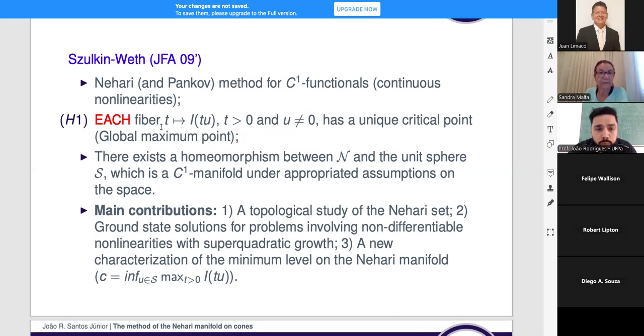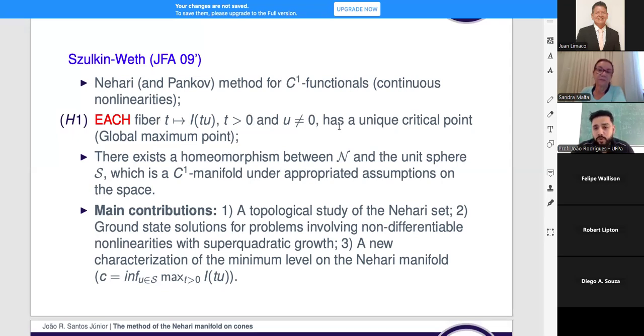So we will take a non-trivial u belonging to the Banach space, and for positive t we will define this map, which is known as a fiber map.